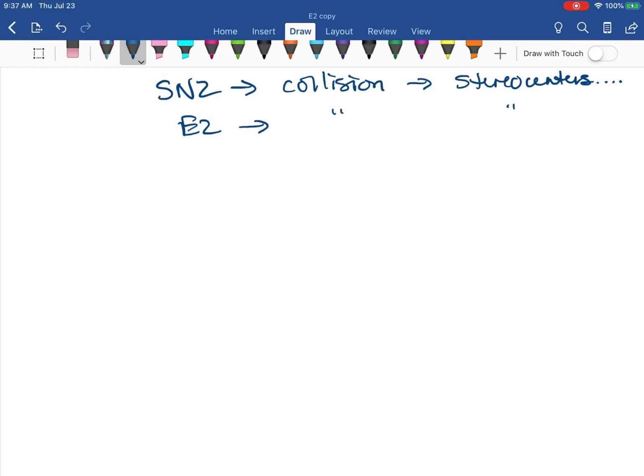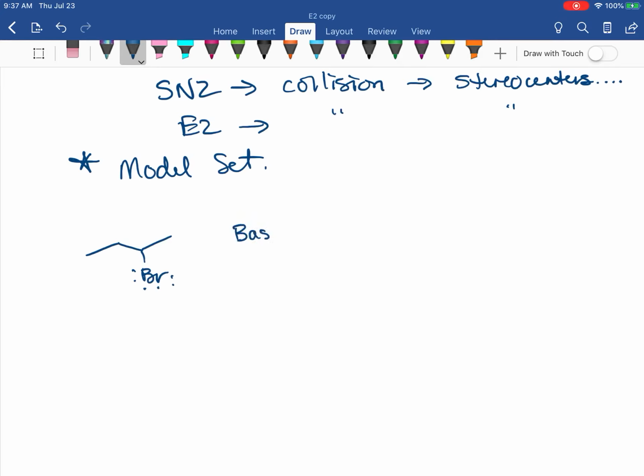All right, here is my favorite part of an E2. If you've got a model set, this would be a fun time to grab it. We have one last caveat for an E2. It turns out that nice flow in our mechanism that I showed you. Let's draw it again.